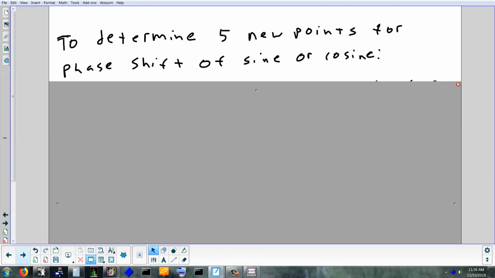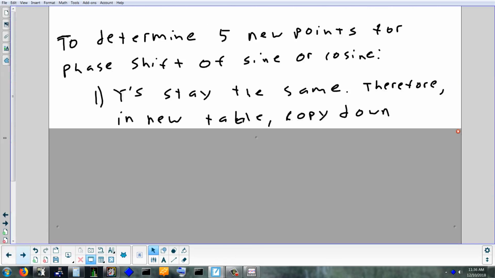All right, so when we do a phase shift, we want to figure out, we knew where the graph was, where is it moving to? So phase shift is, which direction was it? Horizontal or vertical? Horizontal. It was horizontal. So that means the y values are not changing. So to figure out your new y values, all you have to do is go back to one of the original tables and copy the original y values down.